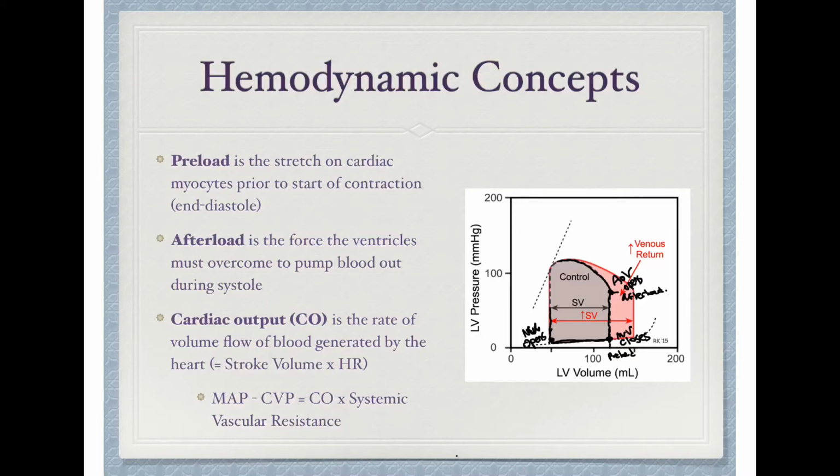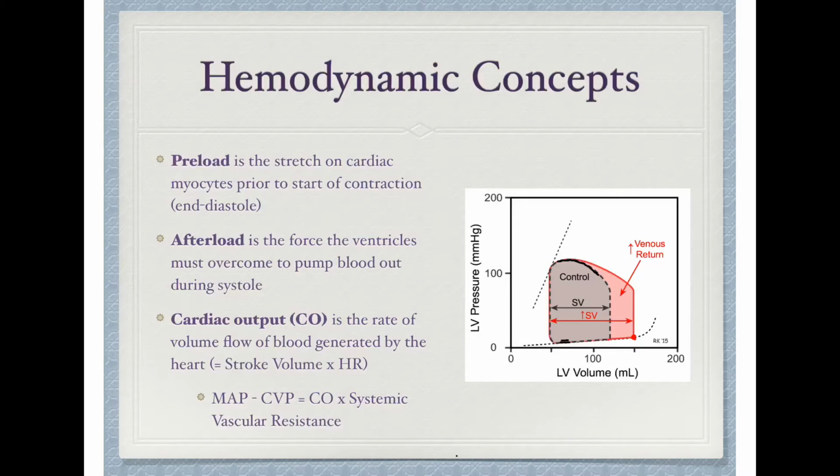Now let's look at the red curve or loop. This could be a case of the same patient after receiving a fluid bolus. In this case, as a result of the bolus, the left ventricular end diastolic volume increased from here to here.